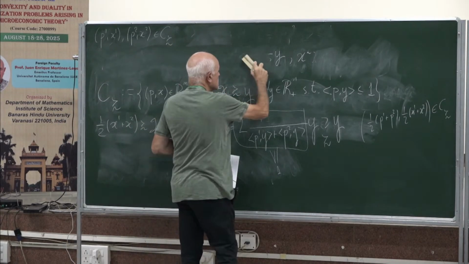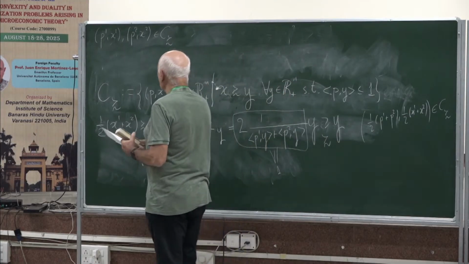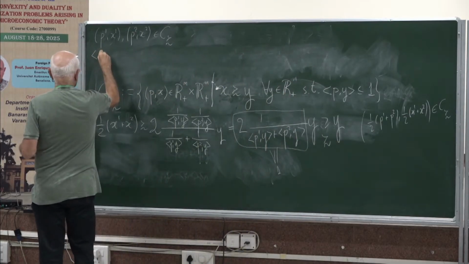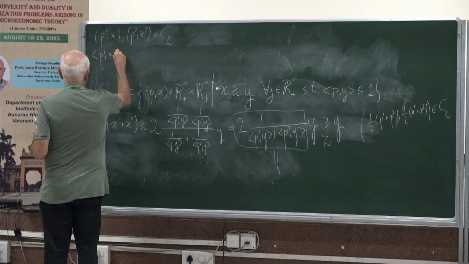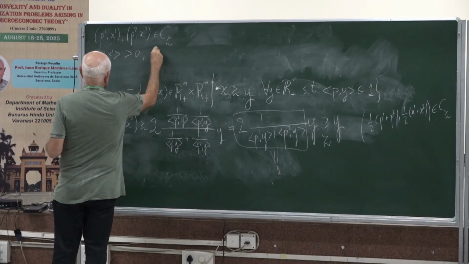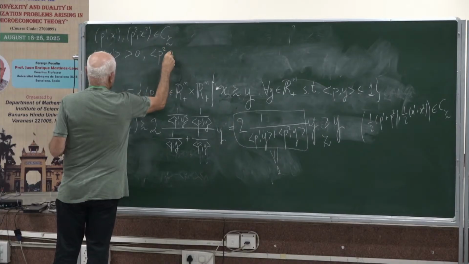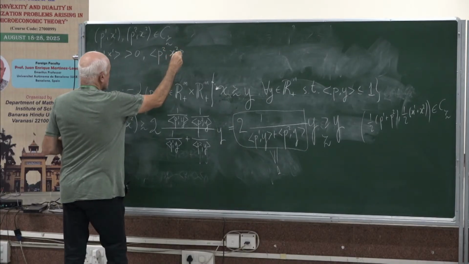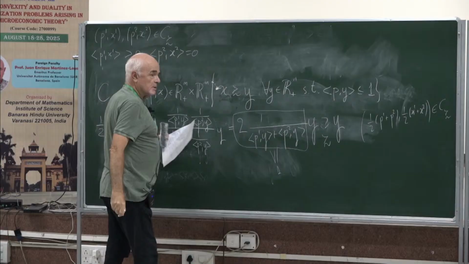So now I consider the case when one of the two, let's say P1 of X1, is strictly positive, and P2 of X2 is 0.